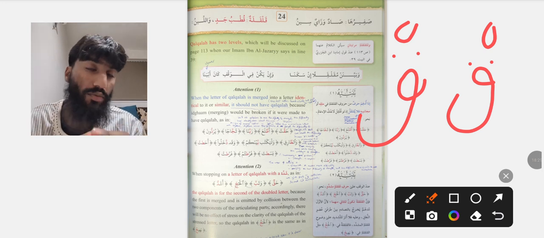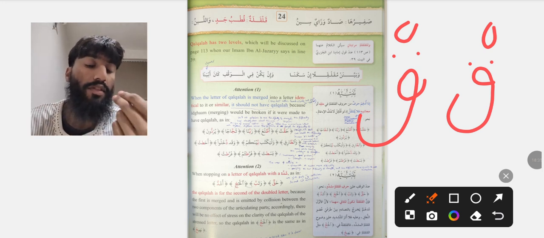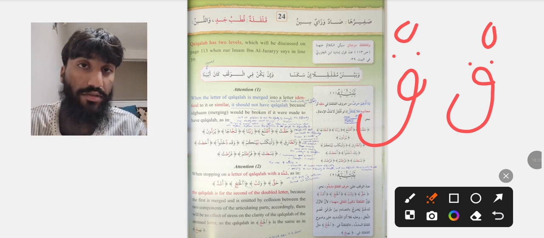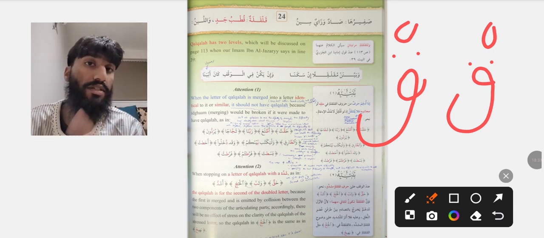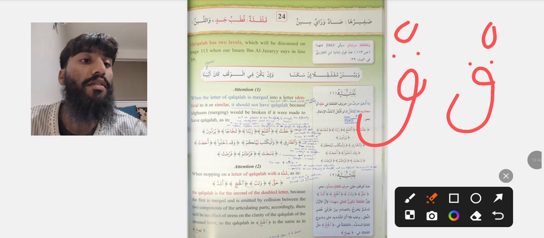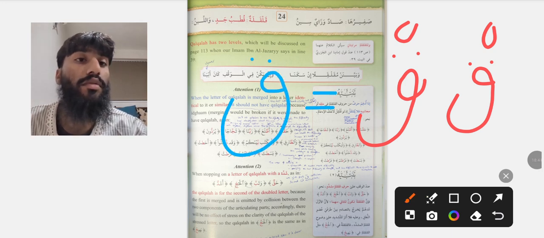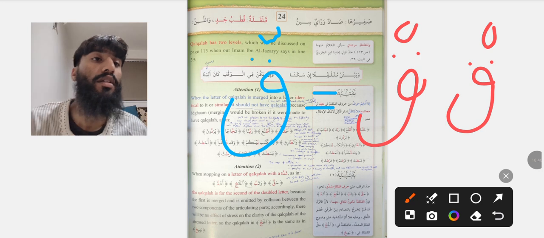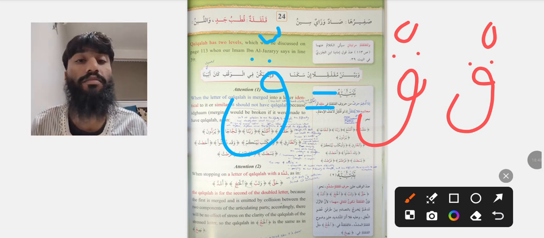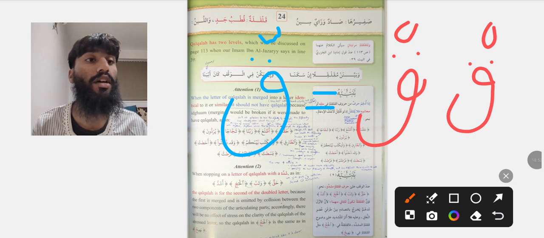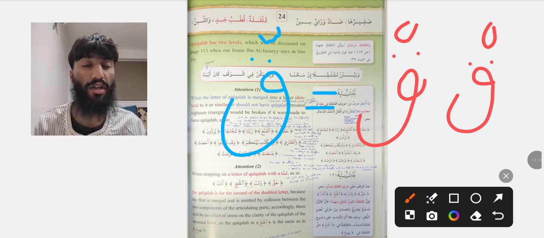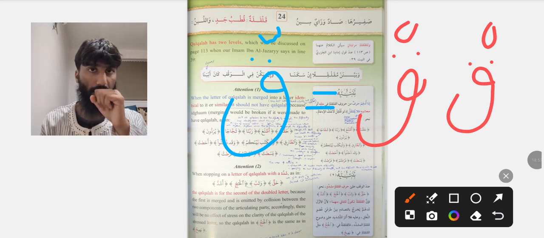You will hear an opinion where they say that qalqala is more exaggerated when you have shadda, but that's incorrect because qalqala has nothing to do with the first qaf, so it doesn't get affected by the first qaf. Qalqala does not get affected, and it's the same level.